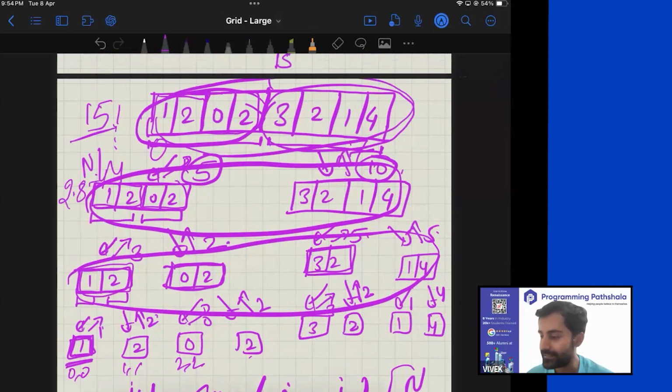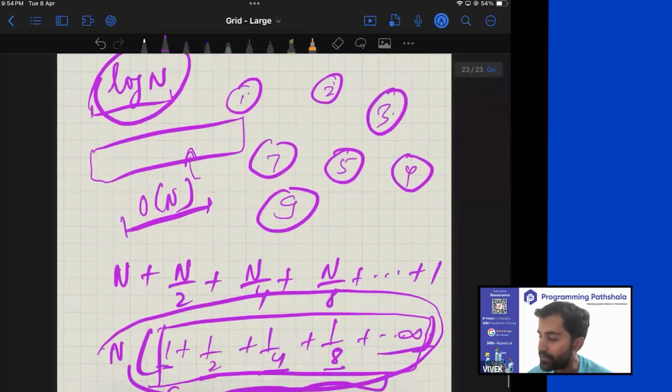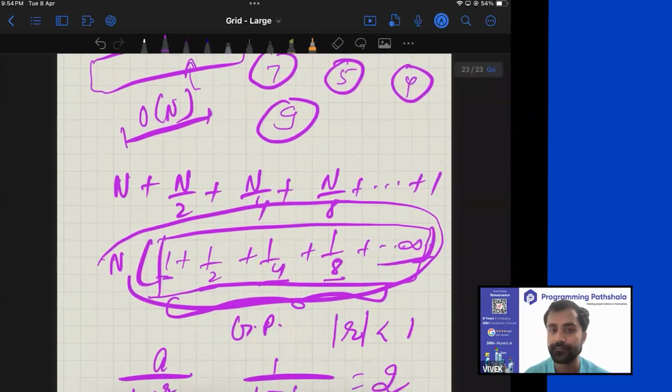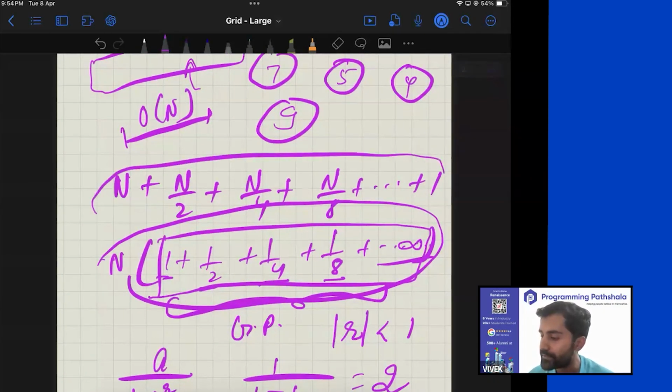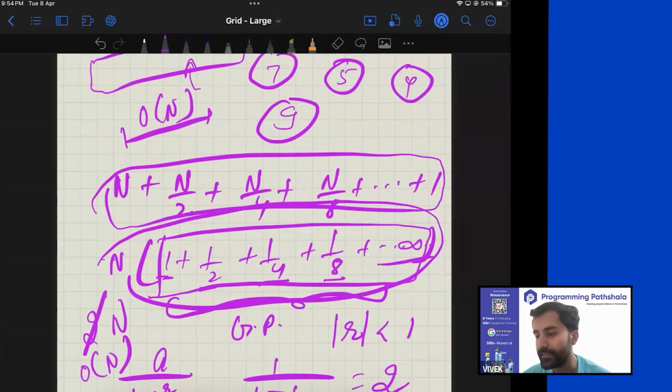And that is reflected in what we just understood. So the sum of this series is never equal to or more than 2 into n. So you can ignore the 2 and say that the complexity is order of n only. This was one very, very important approach related to divide and conquer.